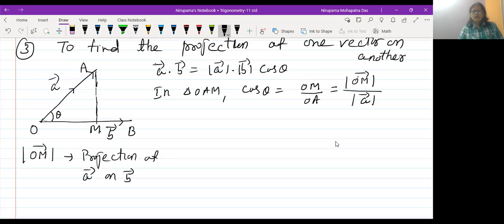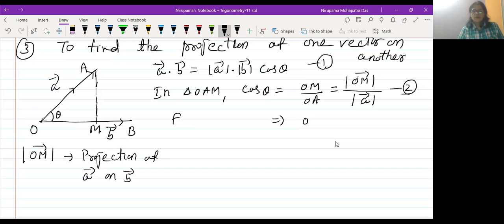Suppose this is 1. One more thing I can take: the OM magnitude is magnitude of A cos theta. Let me keep it as cos theta only. It is 2.